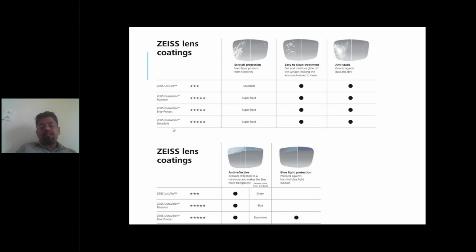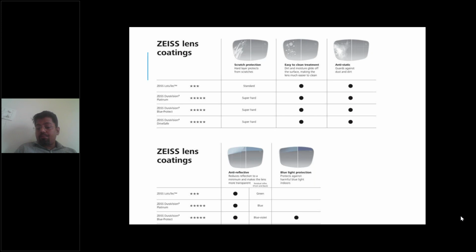They claim it to be completely anti-static, completely anti-reflective, and with blue light protection. So this anti-static is against any fog. Here you can see dirt and moisture glide off the surface. Moisture fog is nothing but moisture which gets attached to the glasses. So most companies already have it.